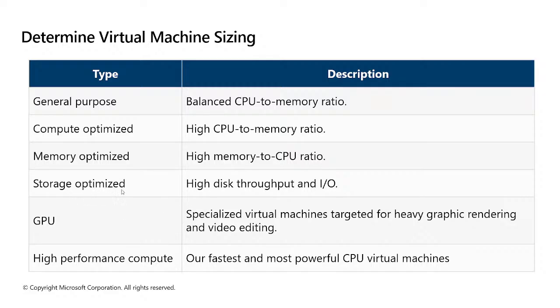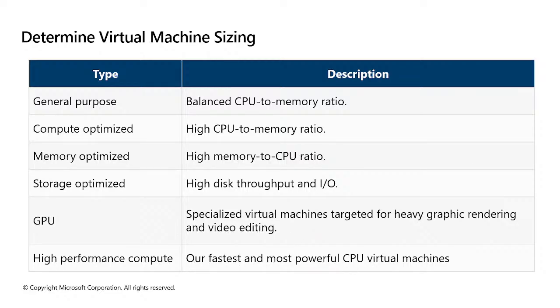Are you looking at storage optimized, or something with high performance, better graphics, or video editing? Most of the time, for deploying most of these AI services, I've seen people leverage the GPU, or you want the high performance compute, which is the fastest and the most powerful.